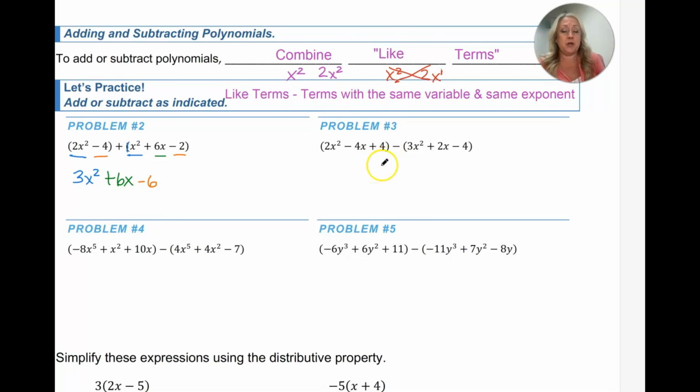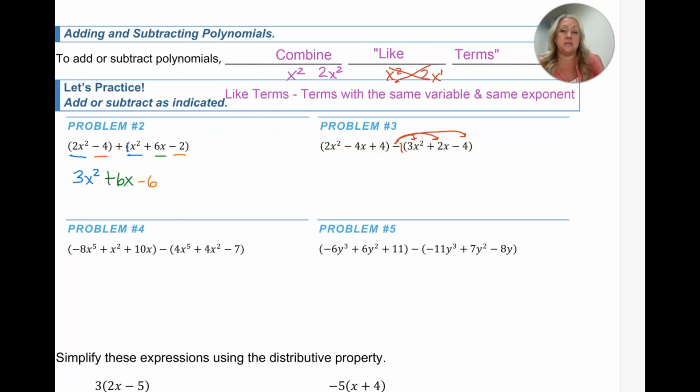Okay, let's take a look at problem 3. I can see that I have a negative here because these are being subtracted this time. But notice that it's saying subtract all 3 of these terms. It's not just that 3x squared that needs to be subtracted. So one way that you can look at this to make sure you don't make a mistake with it is think about how this is like a negative 1, and I need to distribute that negative 1 to everybody, right?